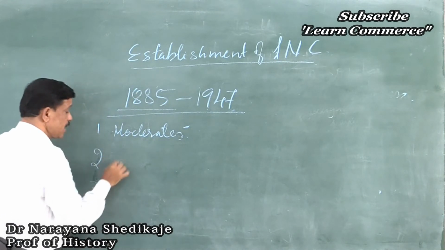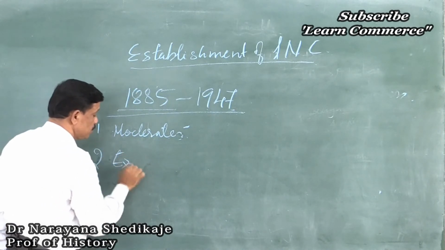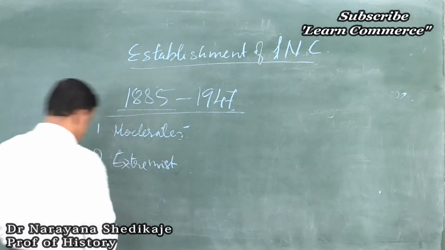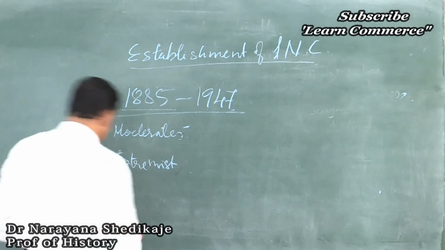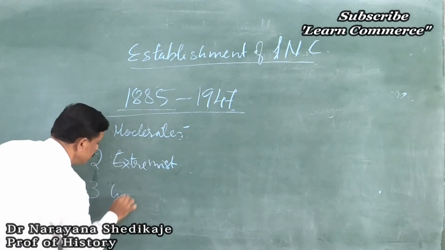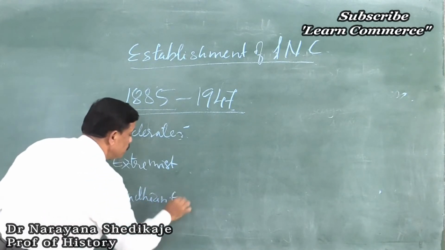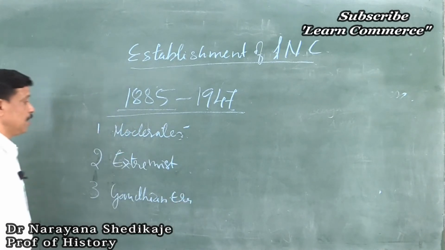The second stage is the extremist movement. And the third stage is the Gandhian era.